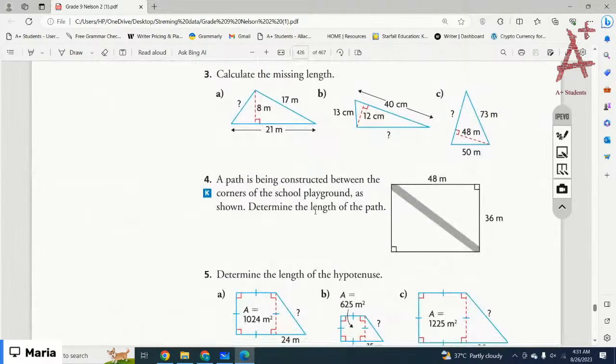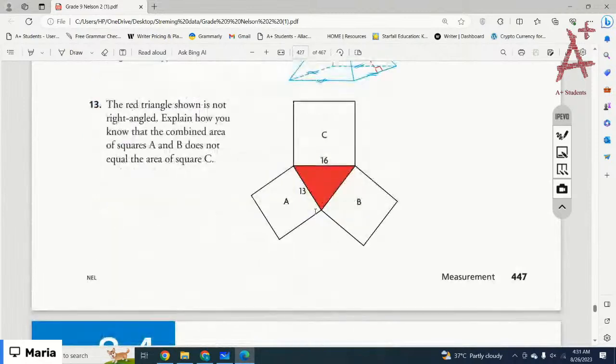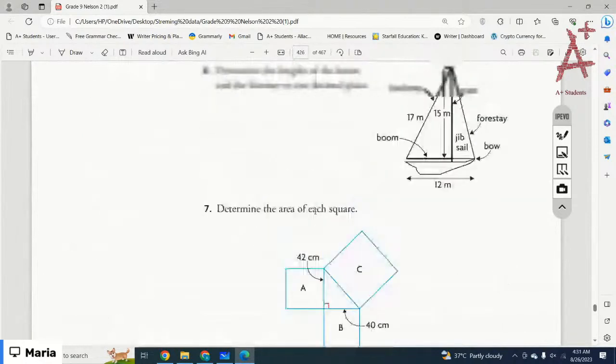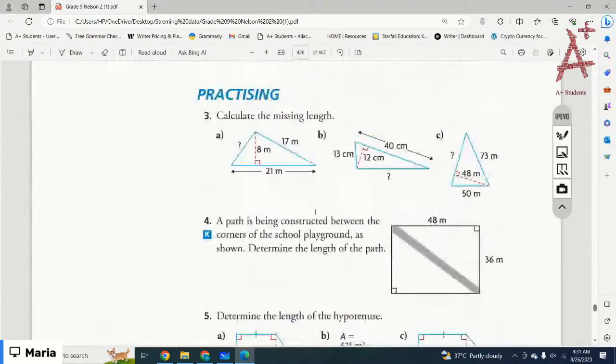Let's do the practice questions. Calculate the missing length. Okay, the first one is you have to calculate the missing length.